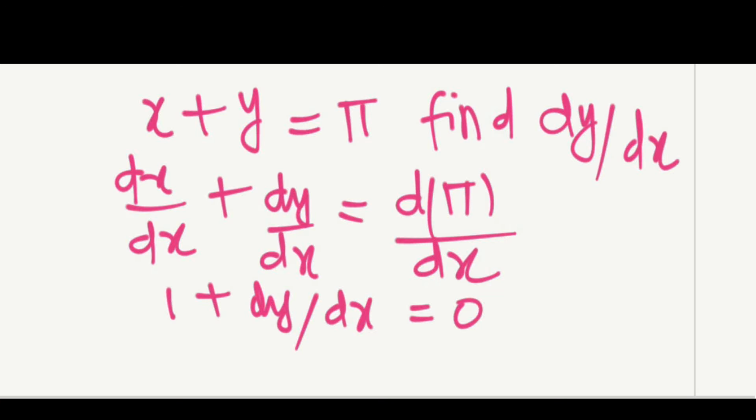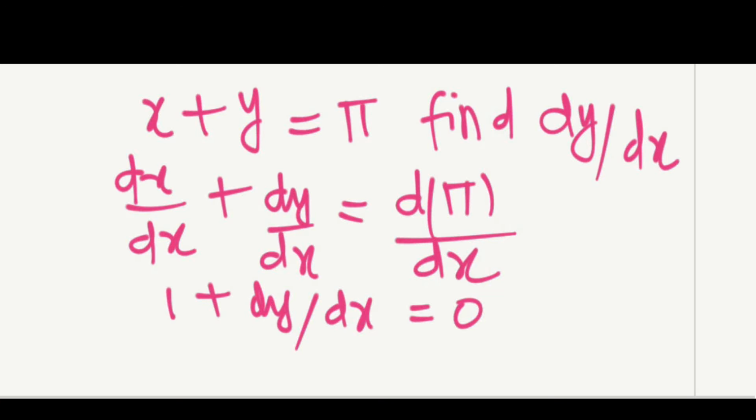See, in this question we have x plus y equals pi, then find dy upon dx. Now here we need to find the derivative of y with respect to x, but as you see these are mixed combination type questions.